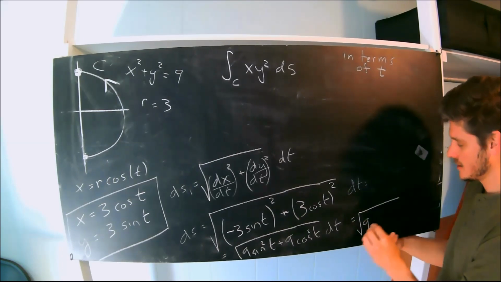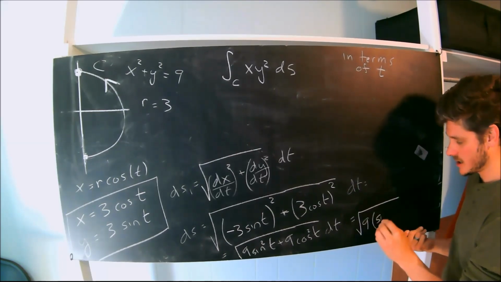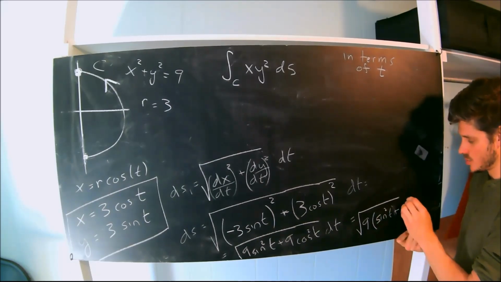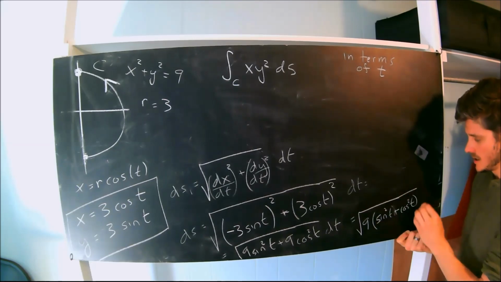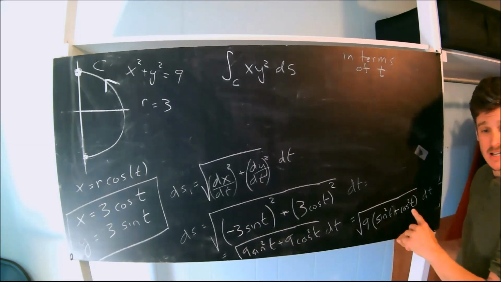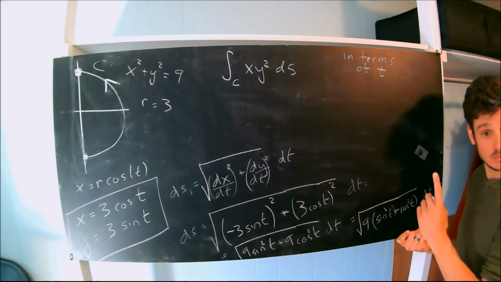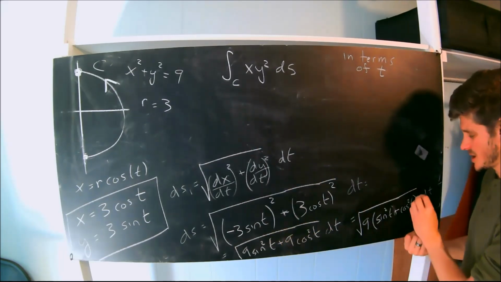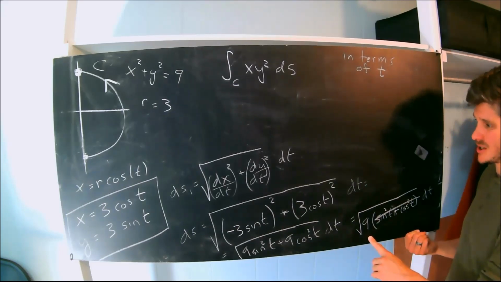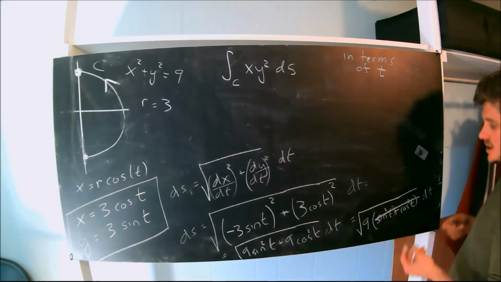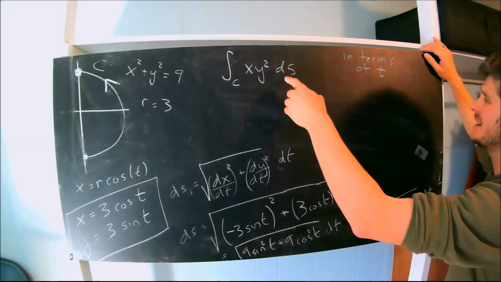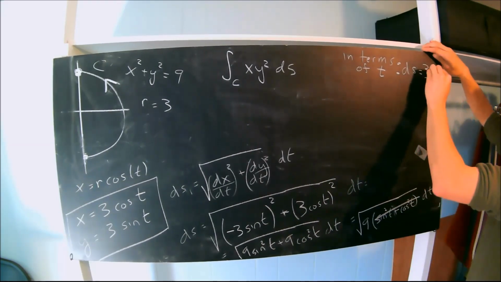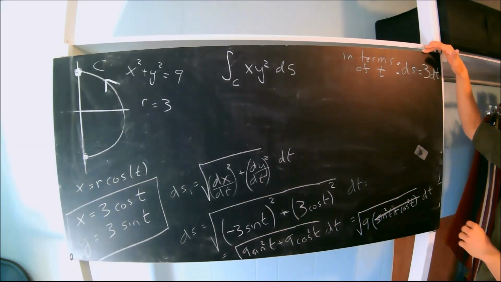So square root of 9 times the quantity sine squared t plus cosine squared t, dt. But what's sine squared plus cosine squared? 1. That's my most important trig identity. That's going to be 1. So it's just the square root of 9, which is 3. So it looks like my ds up here is going to be just 3 dt.